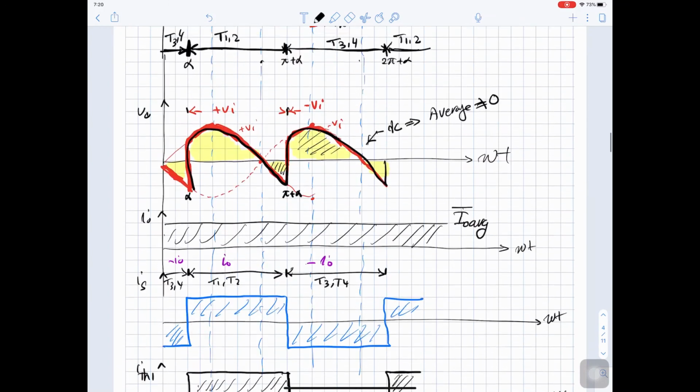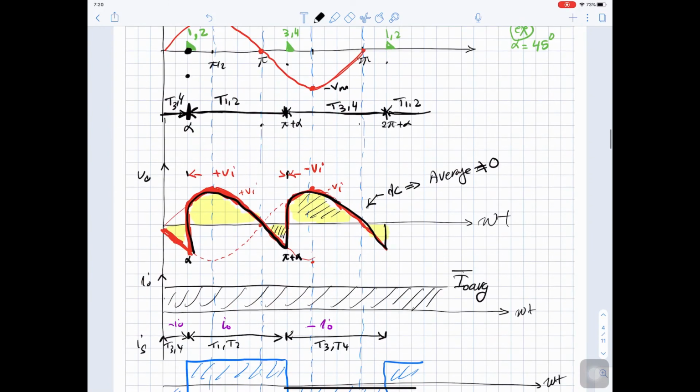Why? Because at 90, if you start to shift this point here until you reach the midpoint, you will see that the negative part will exactly be the same as the positive part if you move alpha to 90 degrees.